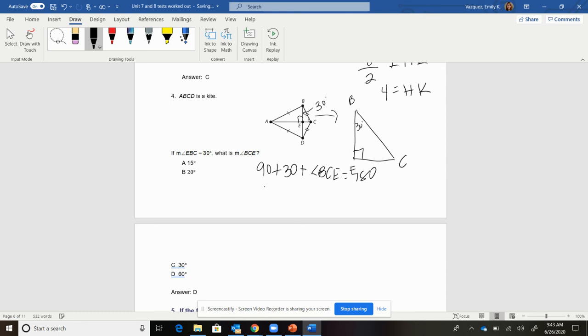So I'm just going to combine. I got 120 plus angle BCE equals 180. I'm going to subtract 120 on both sides, and I'll get angle BCE equals 60 degrees. Verify that that's the question they were asking, and it is, so that's your answer.